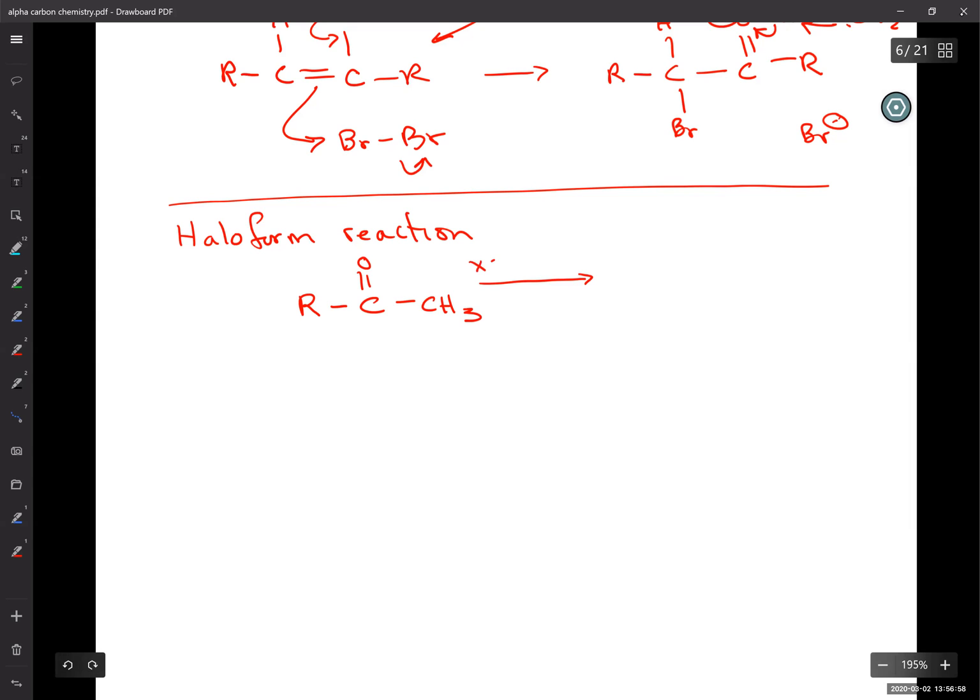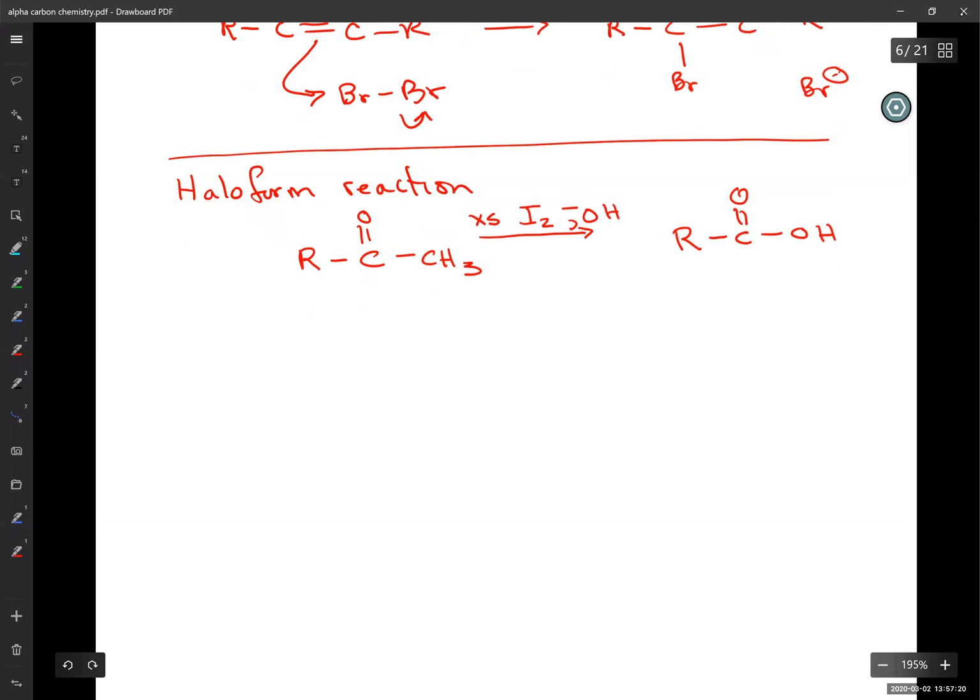We'll have an excess of I2 and OH minus. And then what you end up with is this carboxylic acid. Excess, it's the element XS.